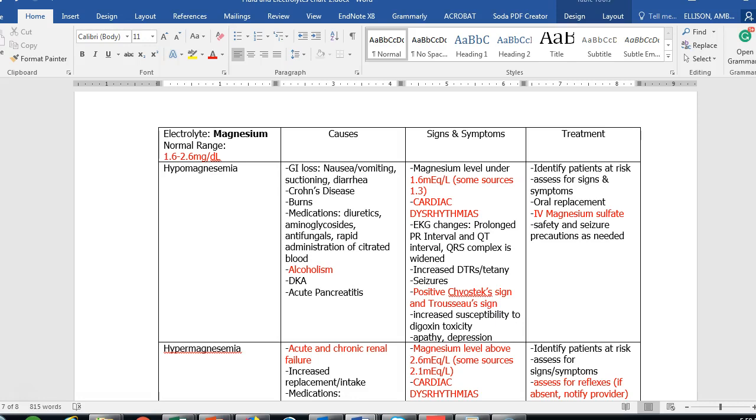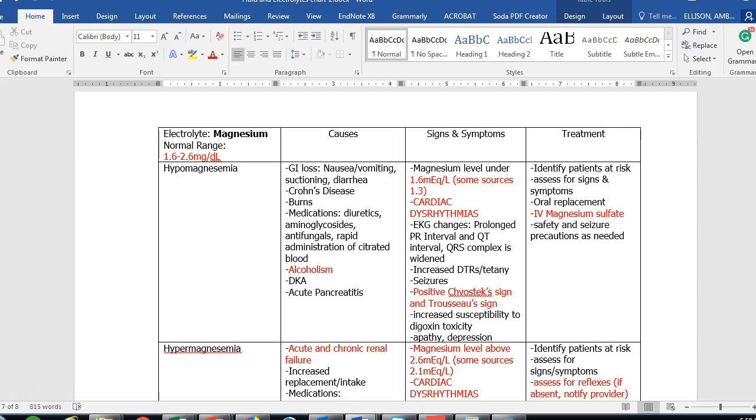So if your level is lower than 1.3, you could have EKG changes, cardiac dysrhythmias, an increase in your DTRs and seizures, a positive Chvostek and Trousseau.